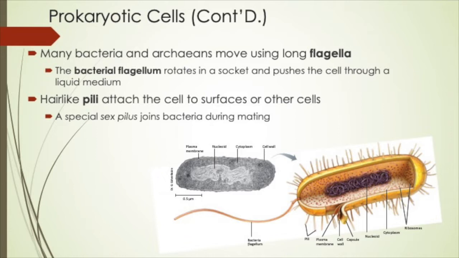There's either flagella or there's cilia. The flagella are little tails. They usually spin around and they kind of have this corkscrew effect. So it just rotates in a socket, pushes this cell through liquid media.